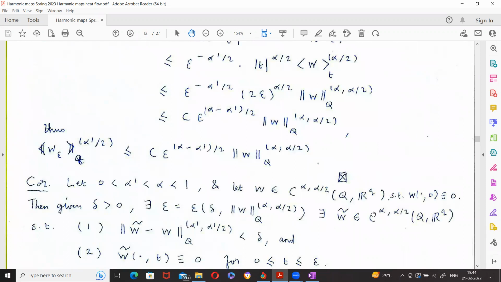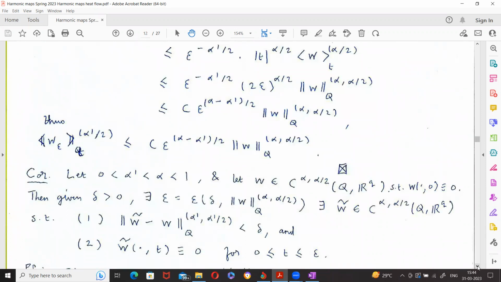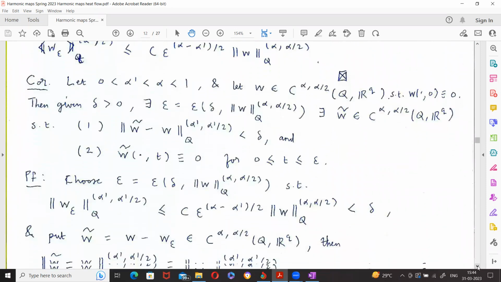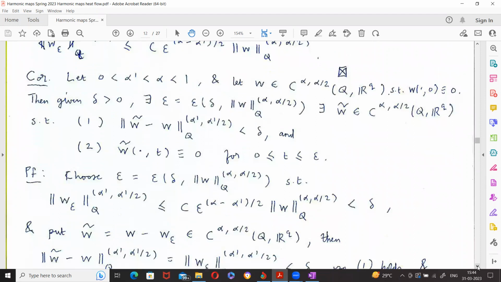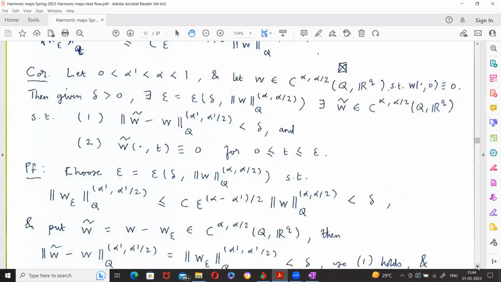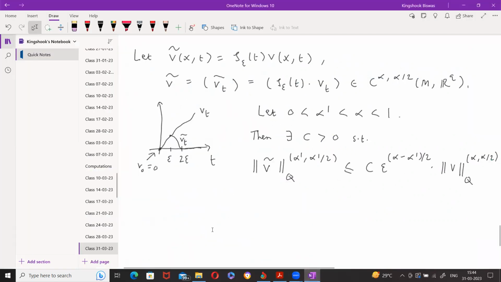So what is the consequence of this? The consequence is the following: if I look at the difference, V minus V tilde.